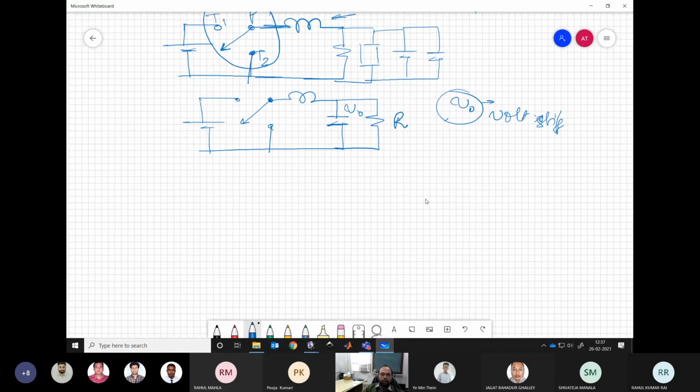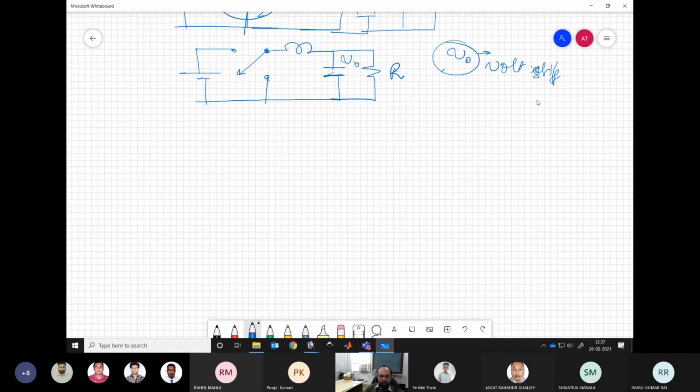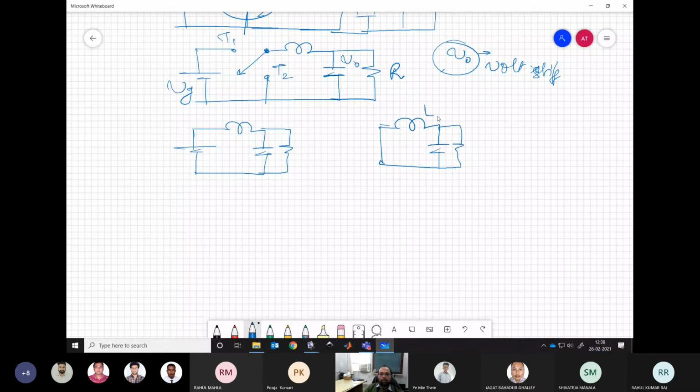Now we can apply our volt-second balance. Let's say this is Vg. So this is connected to T1 for some time, and then it is shorted to T2. So then this is the case.